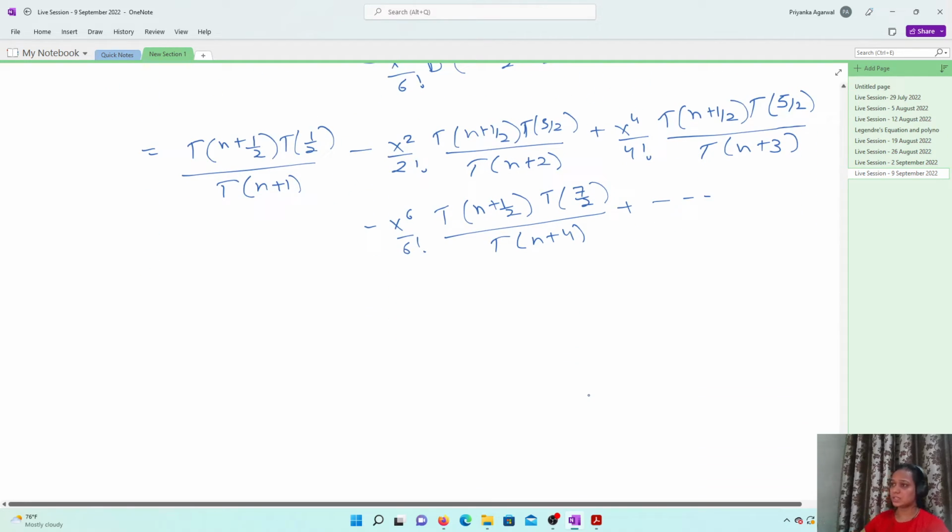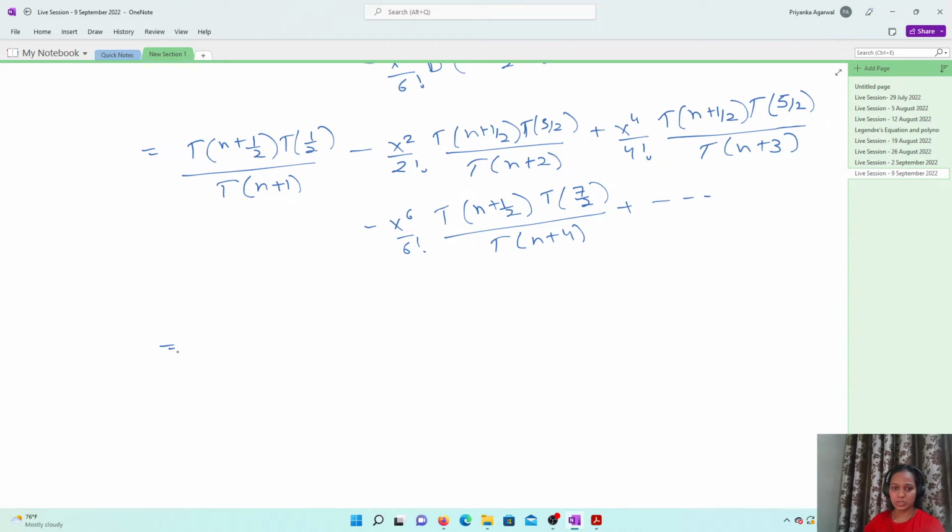Now in all these terms, gamma of n plus 1 by 2 is common, and if we take that out, in the first term we are having gamma of half over gamma of n plus 1. So we know that gamma of half can be written as root pi.